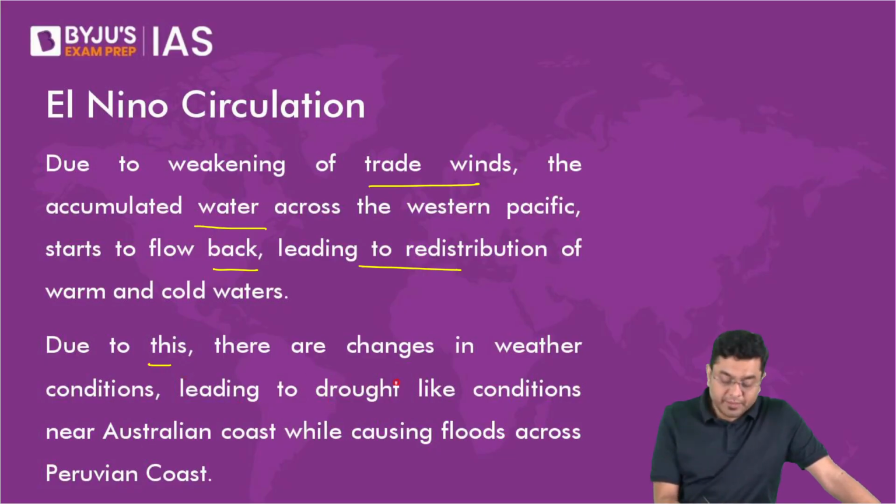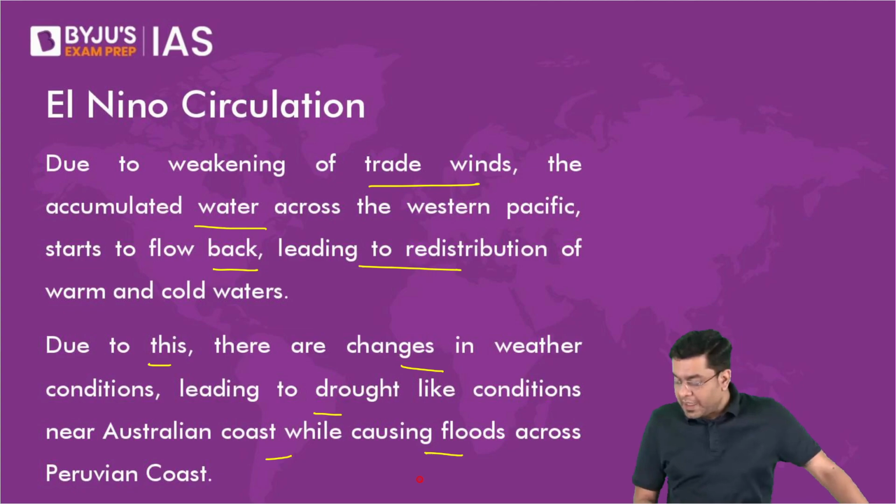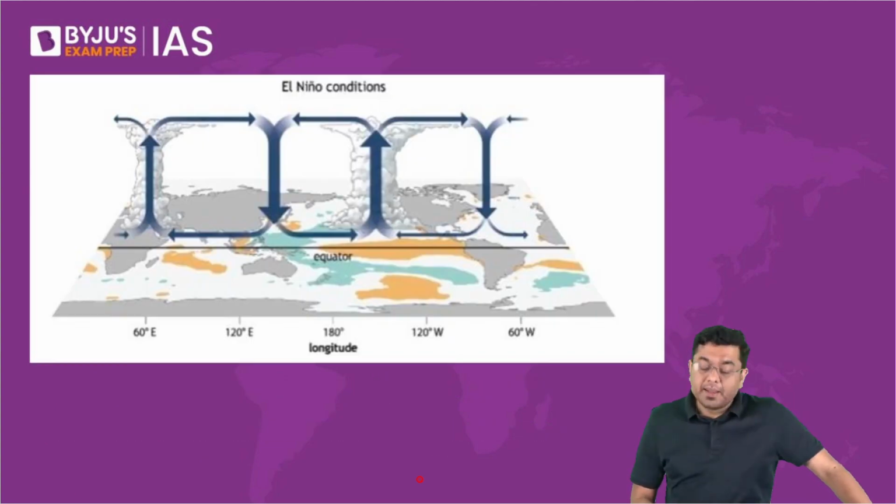Due to this, there are changes observed in the weather conditions, leading to drought-like conditions near the Australian coast while causing floods across the Peruvian coastline. Okay? Now, this is basically the circulation induced by El Nino.